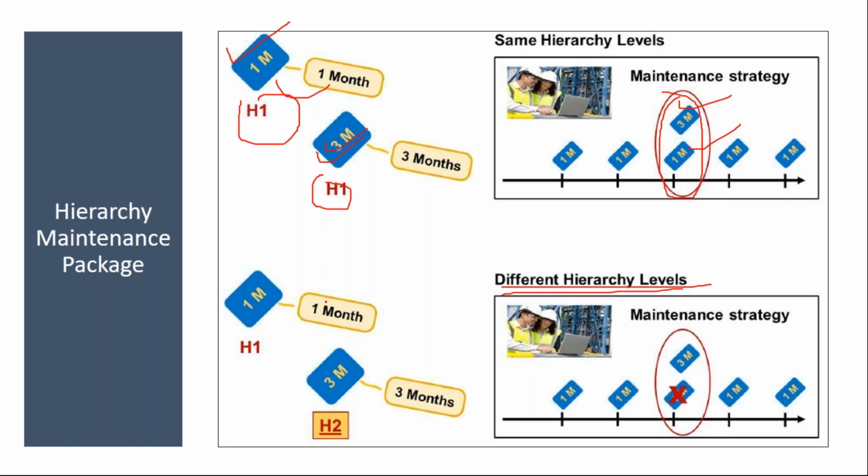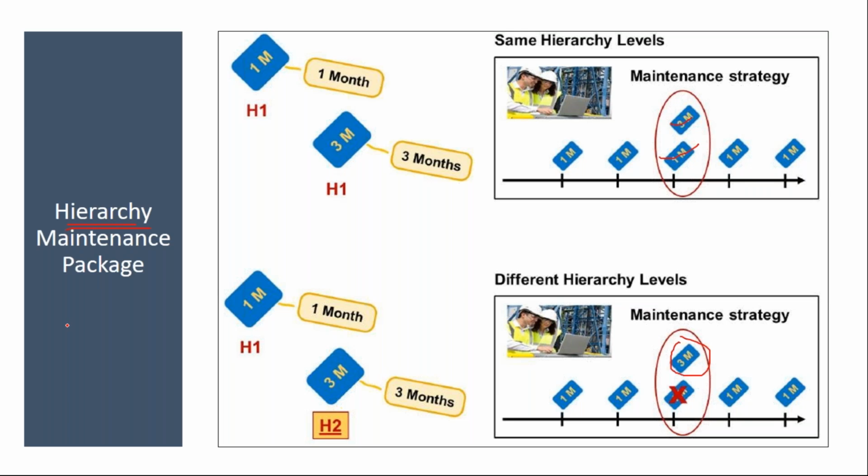Okay, so 1 month activity has hierarchy H1, 3 months activity has hierarchy H2, a higher level hierarchy. Then on the 3rd month you will do only the 3 month activity, the 1 month activity you will not do. So that is the importance of the hierarchy. When the packages coincide, whether you want to execute all or only the higher level one, that is decided by this hierarchy.